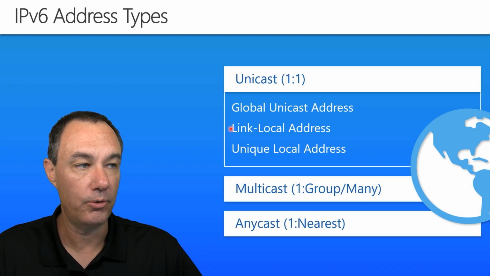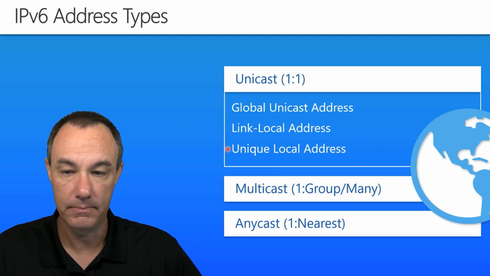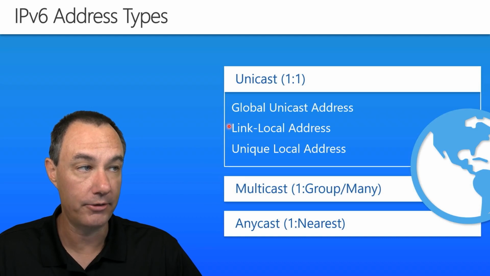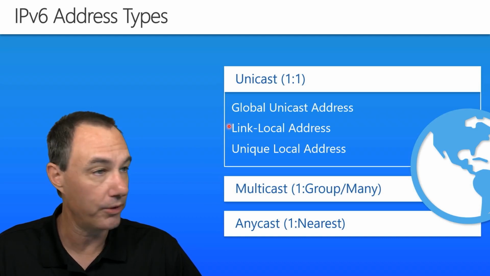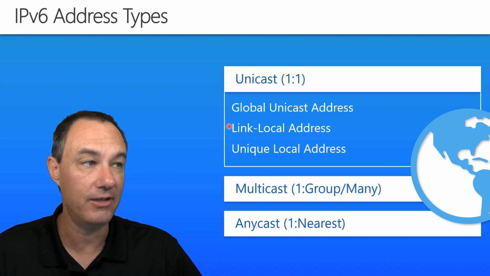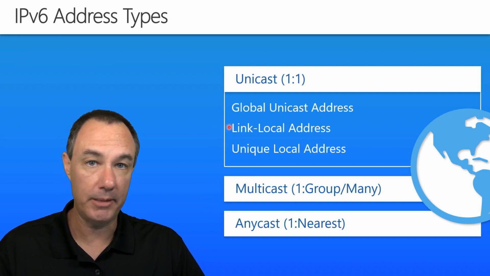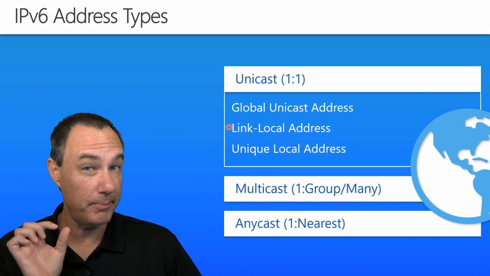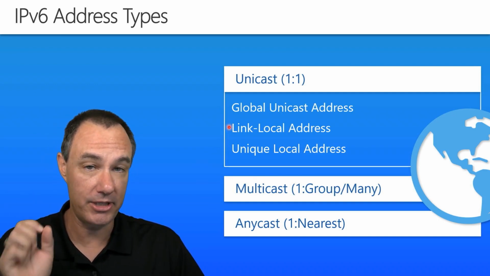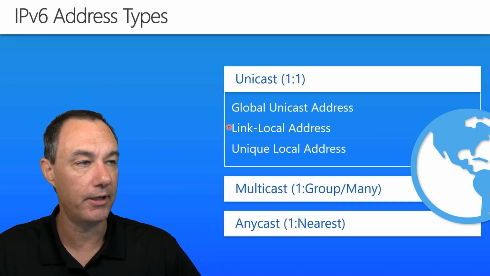Then there's link local and unique local. Link local is an awesome, if you work with IPv6, this is the thing that is the game changer. This is equivalent to a PIPA, the automatic private IP. Do you remember the address for a PIPA? Somebody does probably. Chat that in. We're going to see this.